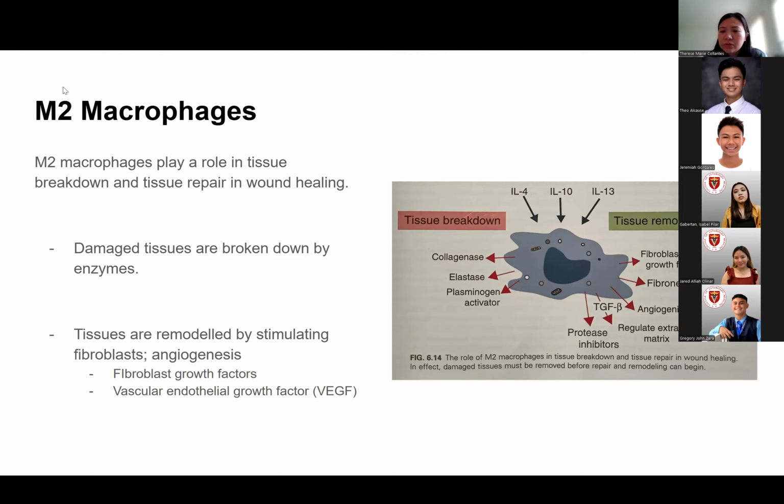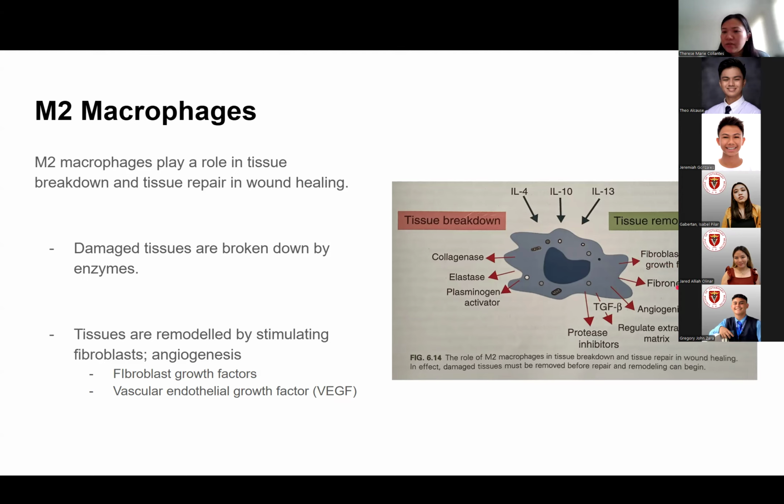It will proceed to, or stimulate, tissue remodeling. So how does the M2 macrophage help in tissue remodeling? It will release fibroblast growth factors to stimulate the fibroblast cells to produce more collagen.